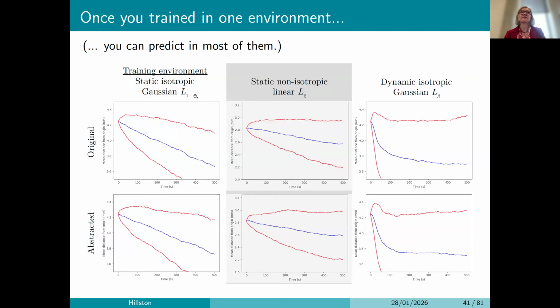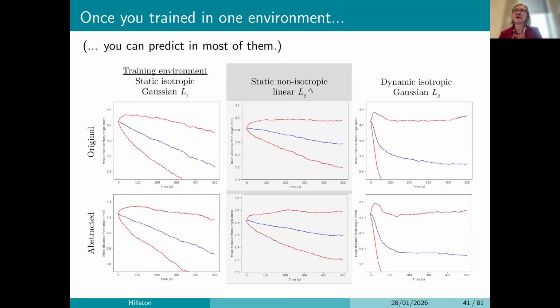So this was our training environment. We did those short simulation runs, just looking at a field of concentrations that's governed by a Gaussian field, which we call L1, and so it's completely static. This is where we did our sample runs and then built the Bernoulli trials based on that.